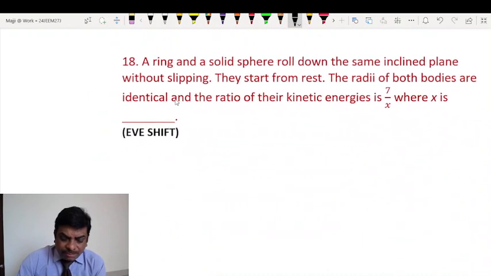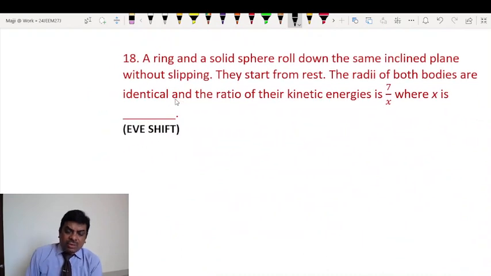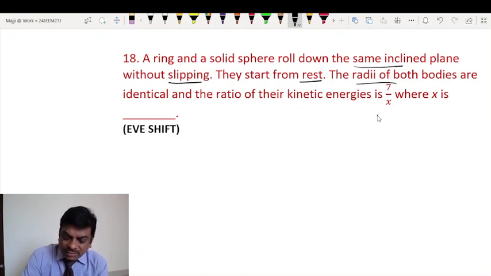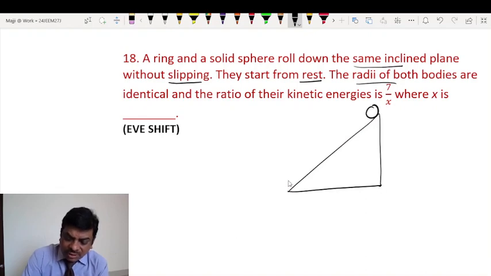Question number 18. A ring and a solid sphere roll down the same inclined plane without slipping. They start from rest. The radii of both are identical. Ratio of kinetic energies. Now this is based on a very fundamental concept, students.